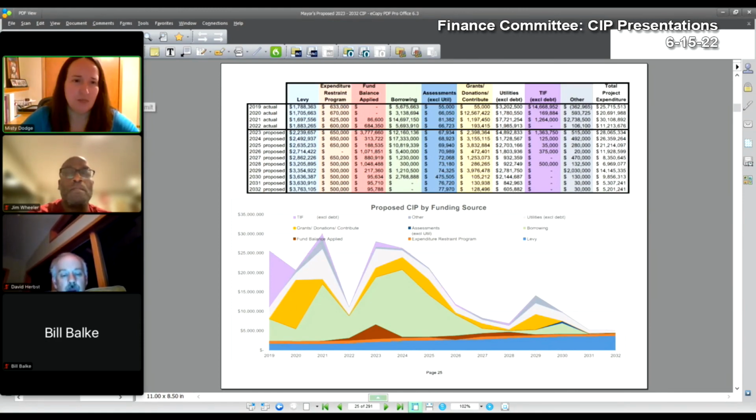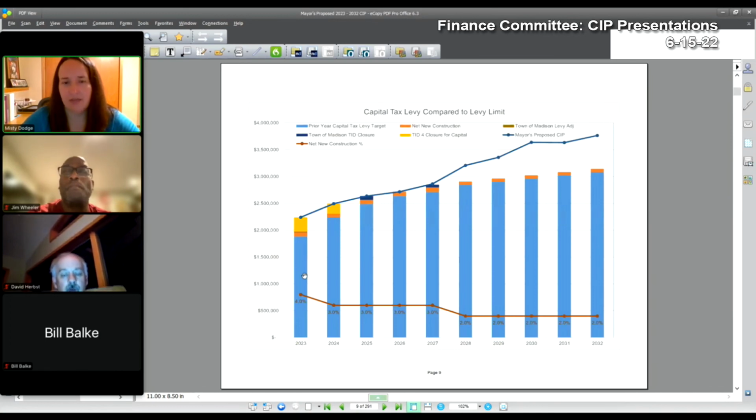But then also wanted to point out this graph. What this does is compare the property taxes identified in this plan to what our estimated levy limit increase is going to be going forward. You can see the net new construction assumptions on here. The different colors are the different adjustments that we're expecting to get, whether it's a TID closure or the net new construction amount.